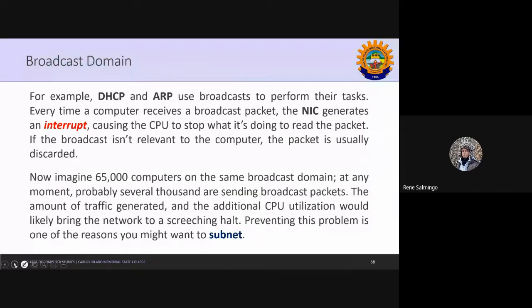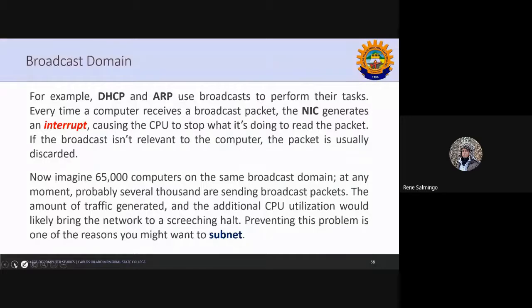As we know, DHCP and ARP use broadcasts to perform their tasks. Every time a broadcast packet arrives, the network interface card generates an interrupt causing the CPU to stop and read the packet. If the broadcast is not important to the computer, the packet will be disregarded.